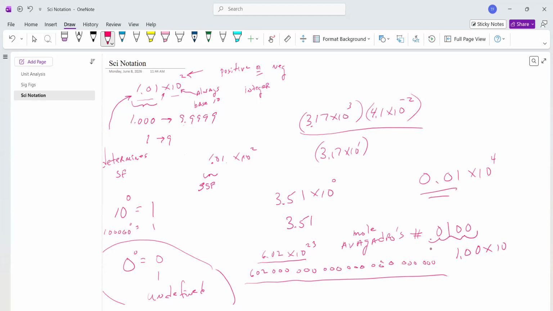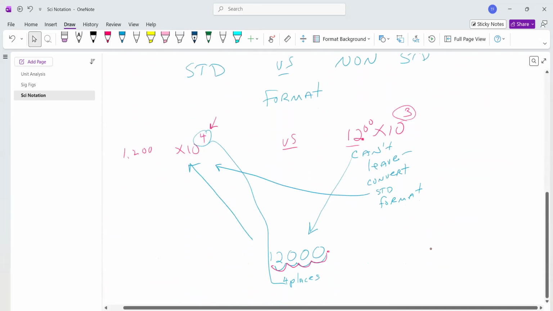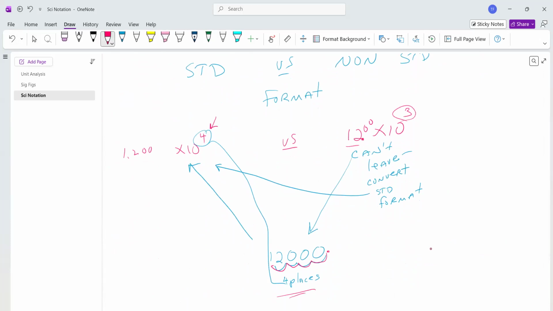So that number's ending up being 100, so that's squared, yeah. So you've got to take up these 2 places to get it to 1. That means those are subtracted from before. Most of the time, you're going to get numbers like this that are non-standard. Numbers greater than 9. And then you just write it out like this. So that's the main thing on scientific notation, is making sure your format is standardized.